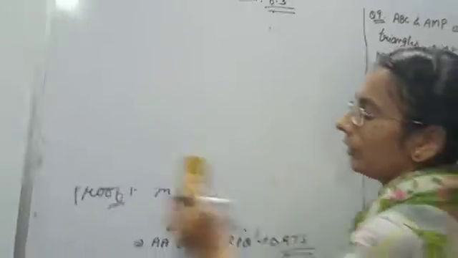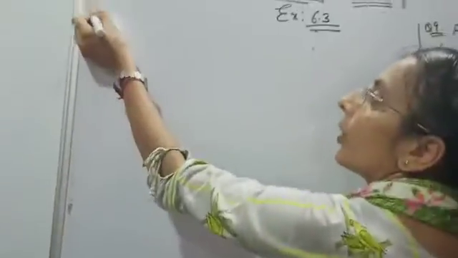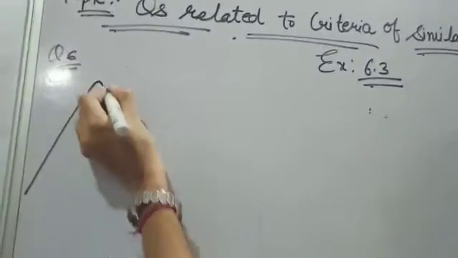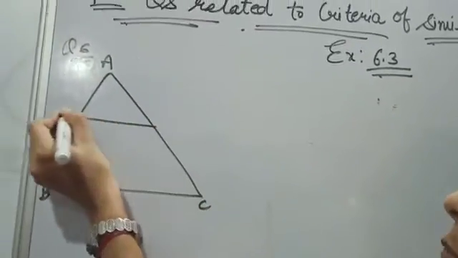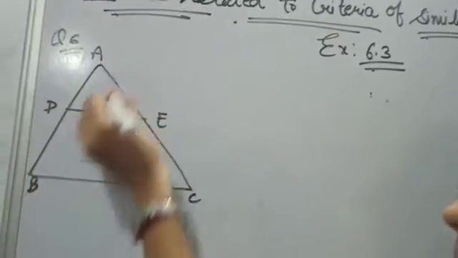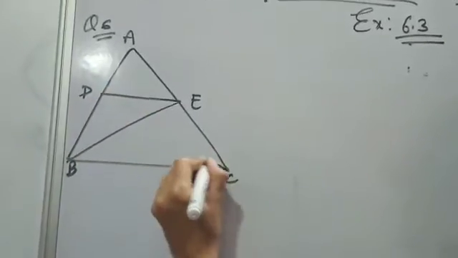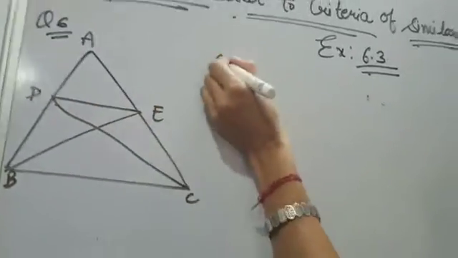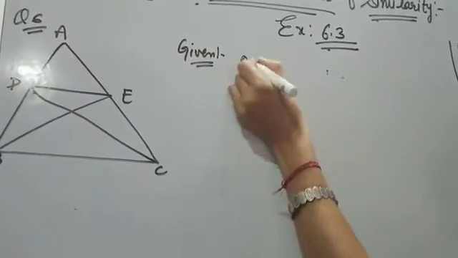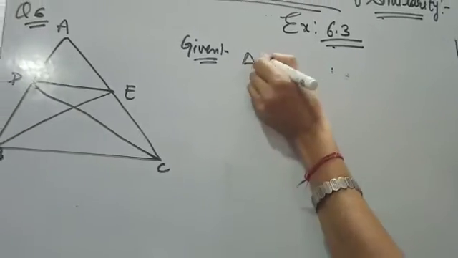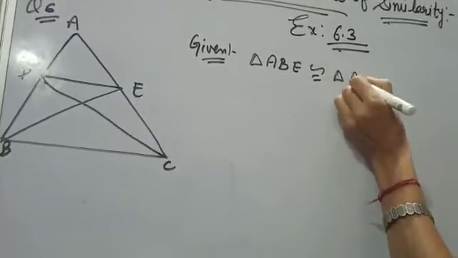Okay, now let us see one more question from the same exercise, question number 6. Here we are given triangle ABC and two points D and E on AB and AC respectively. BE and CD are joined to each other, such that triangle ABE is congruent to triangle ACD.